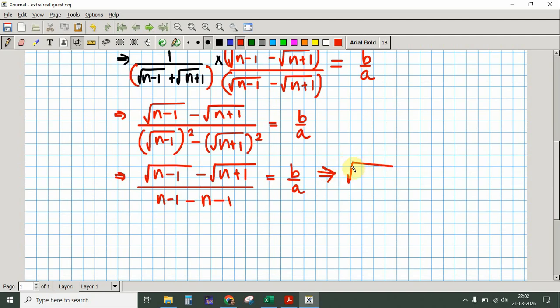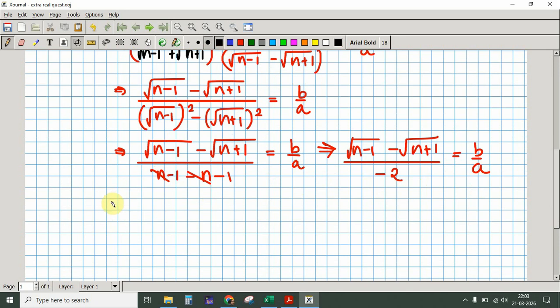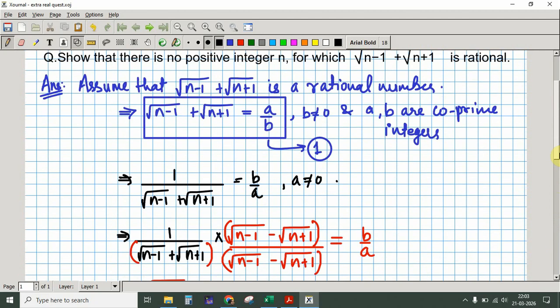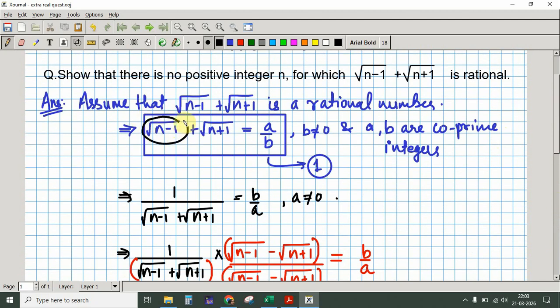So what I have here is square root of n minus 1 minus square root of n plus 1 upon n cancels, and we have minus 2, equals b upon a. Last simplification: I want to consume this negative sign in the numerator. Let's look at equation number 1, which is n minus 1 first and then n plus 1. I can interchange them.